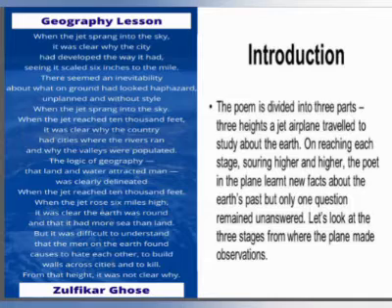Before moving on with stanza 1 and its explanation, you should know, is there any rhyme scheme present in the poem? Over here, Geography Lesson is a 24-lined single stanza poem that does not have any rhyme scheme.